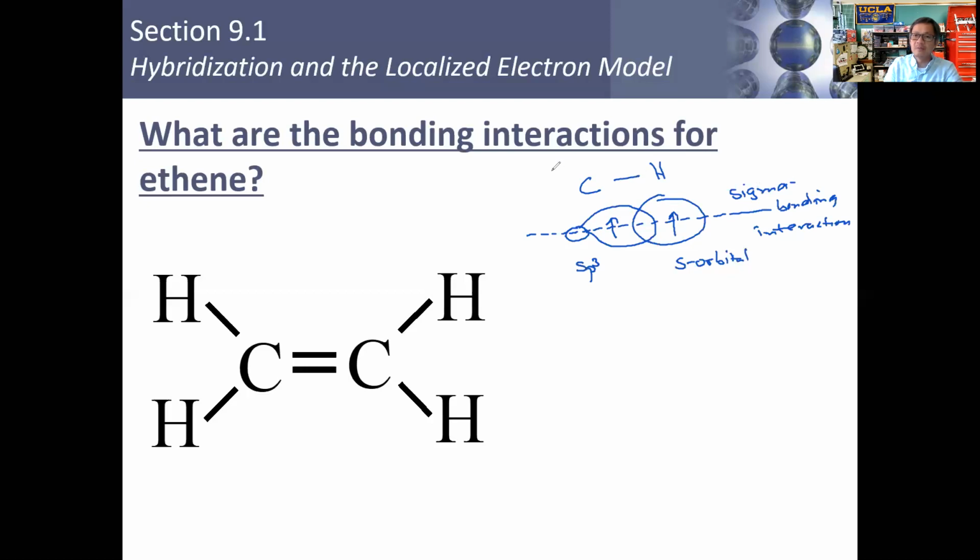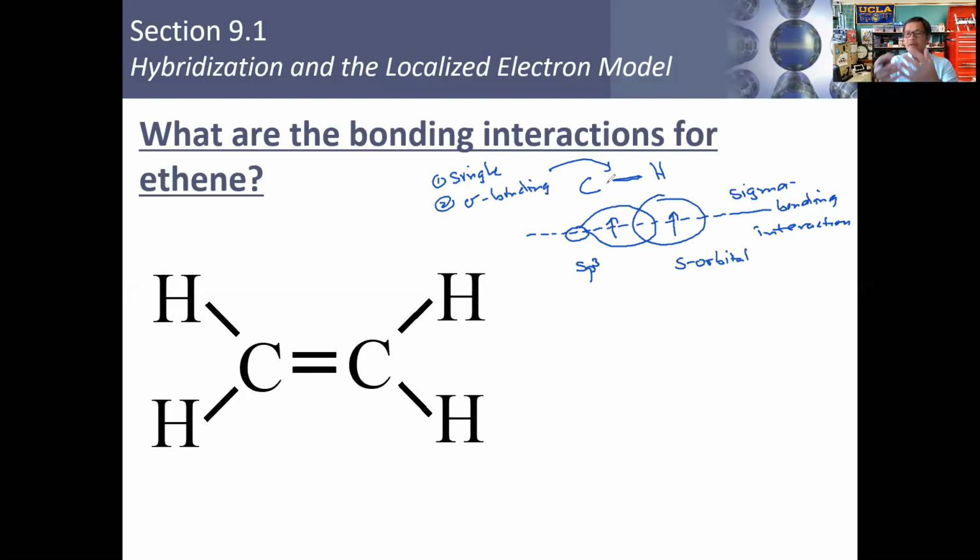We can describe this bond as a single bond because you only have two electrons being shared between those two atoms, and it has a sigma bonding interaction. That's how we can characterize this bond.